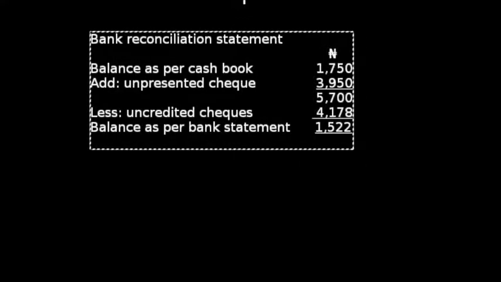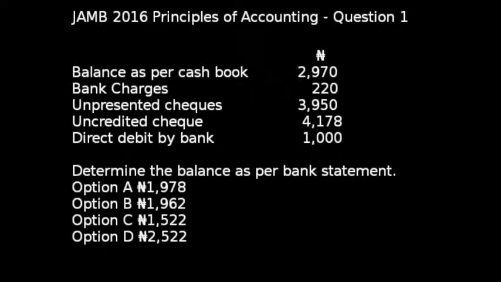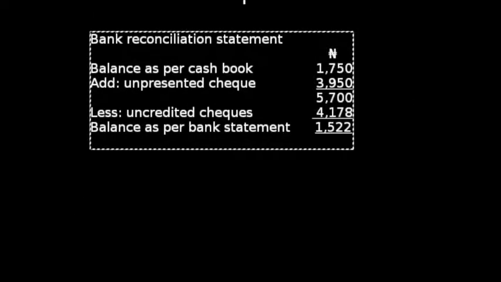So the next item which you need to consider is your uncredited cheque. So uncredited cheque of 4,178 naira must be deducted. You minus it. So if you minus that from your 5,700 naira, you're going to have a balance of 1,522 naira, which is called balance as per bank statement.